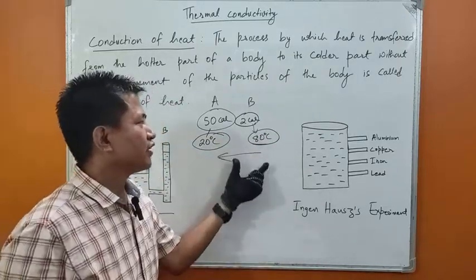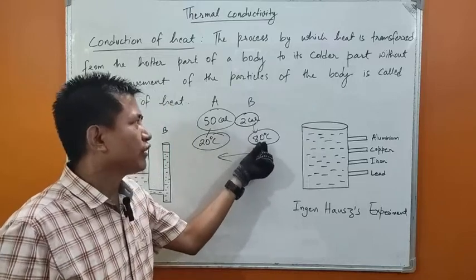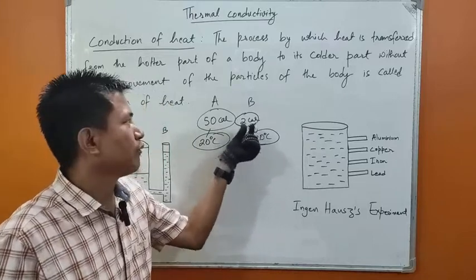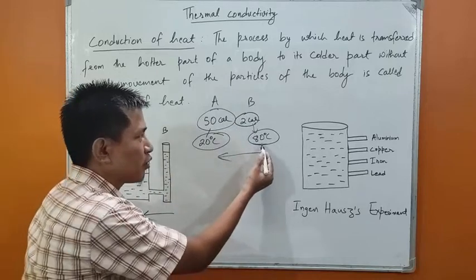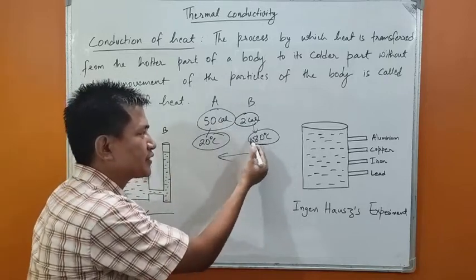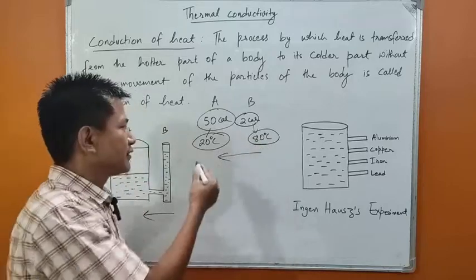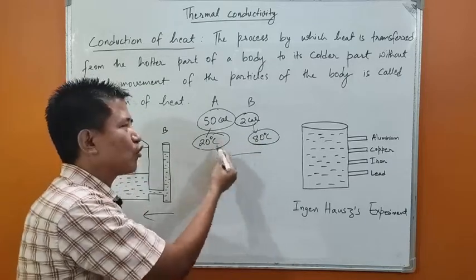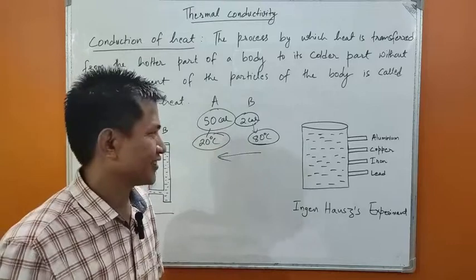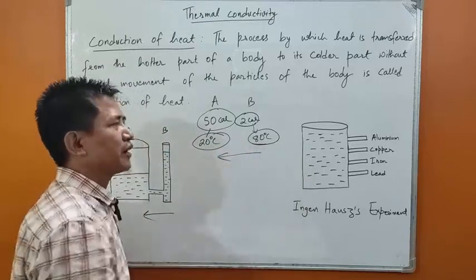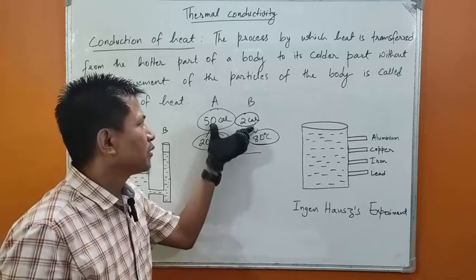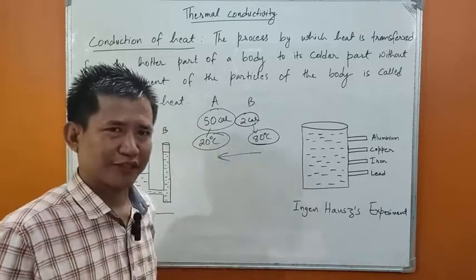Here also the heat energy will flow from body B towards body A, because body B is at a higher temperature, 80 degrees Celsius, than body A, which is at a lower temperature, 20 degrees Celsius. The heat will flow from body B towards body A until both the bodies attain equal temperature.